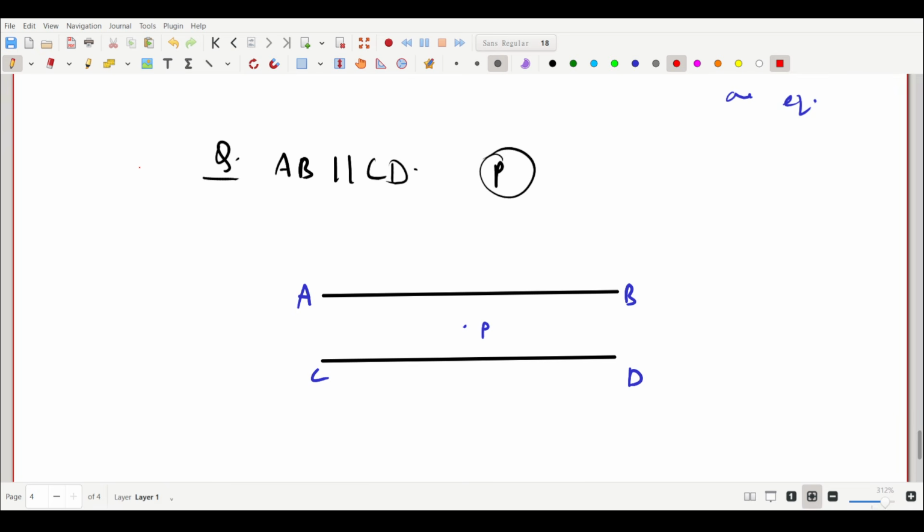Okay, that means I have to draw a line, because there has to be a line to make the angle. So there is a line passing through the P point, like this. So the angle made by P on the AB line is 34.